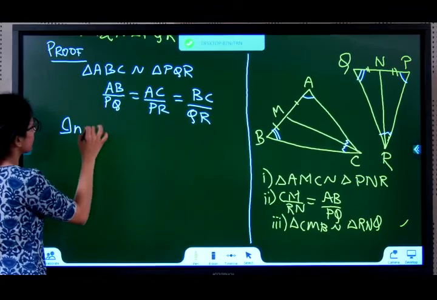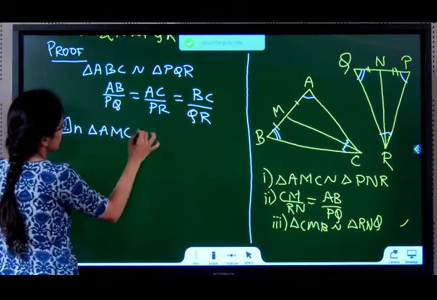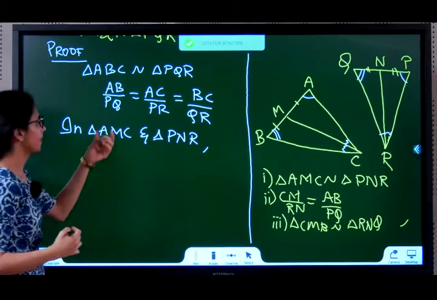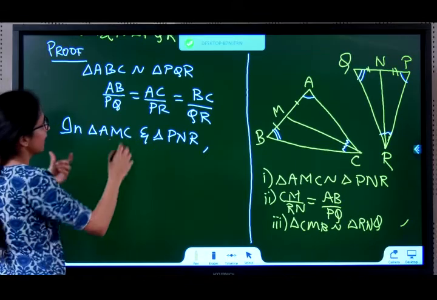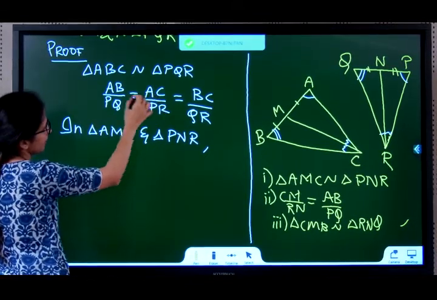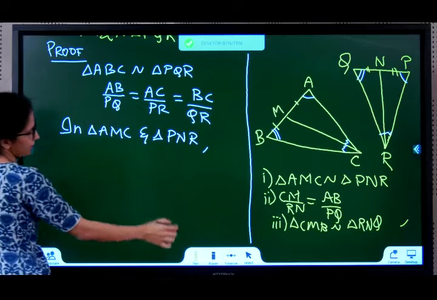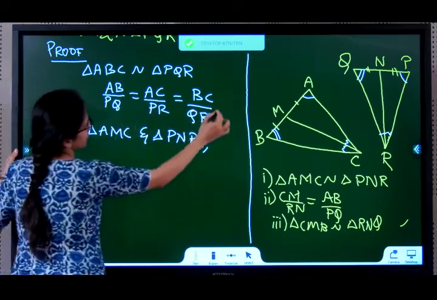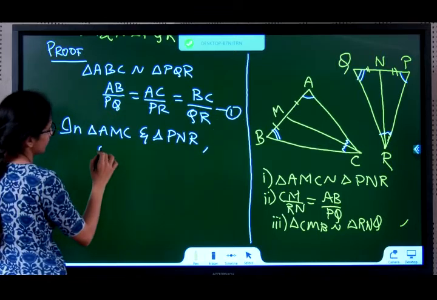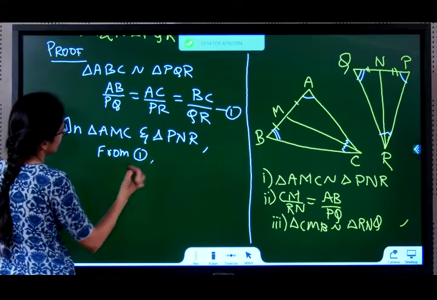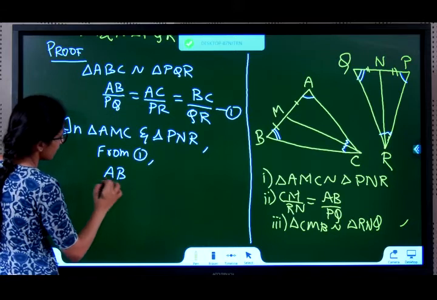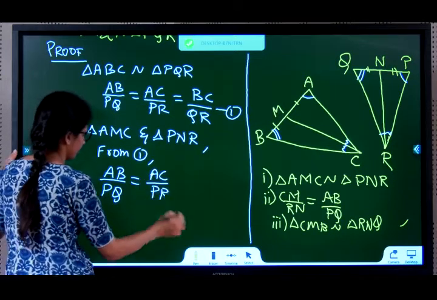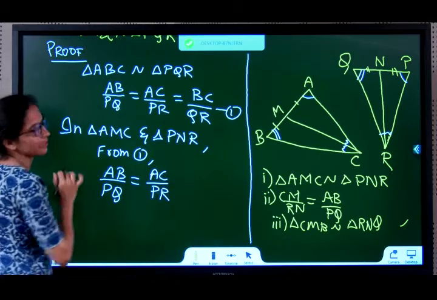Okay. So, now from this I want to reach AMC and PNR. So, in triangle AMC and triangle PNR, see, AMC has AC, yes, and AM is nothing but half of AB. So, I am going to take this part, see here, from 1, can I write this as AB by PQ is equal to AC by PR? I can take only the first two parts, agreed?